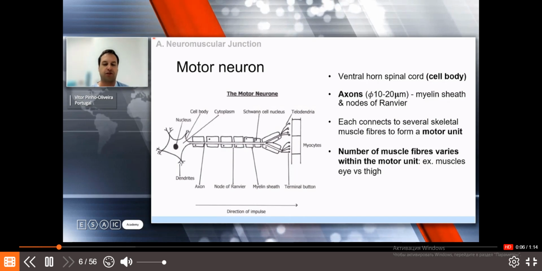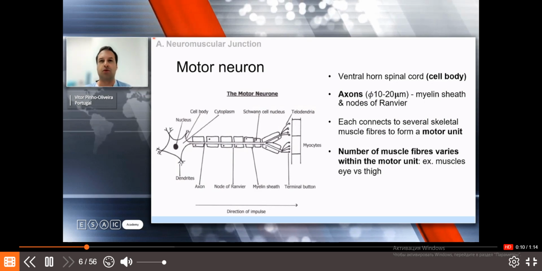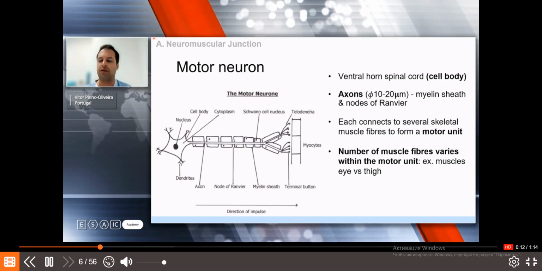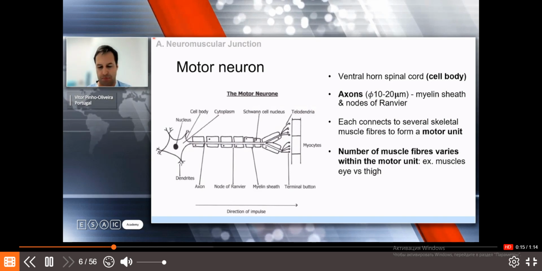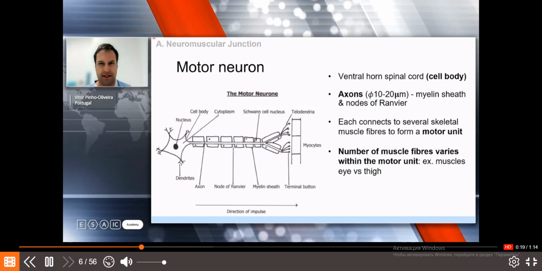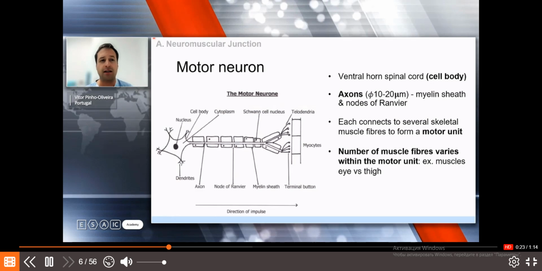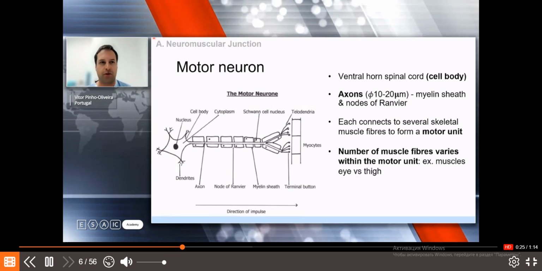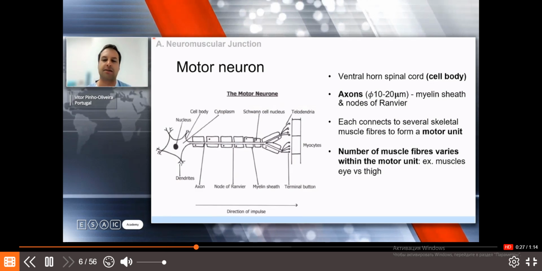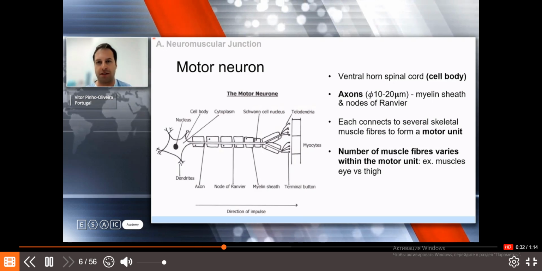The motor neurons are the nerves that control skeletal muscle activity. They originate in the ventral horn of the spinal cord and travel all the way to the muscles they supply. The cell body of a neuron is at its proximal end, and the information travels from here down the axon. Axons are about 10 to 20 micrometers in diameter and are surrounded by the myelin sheath produced by the Schwann cells.